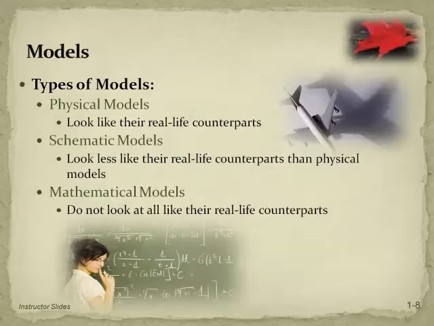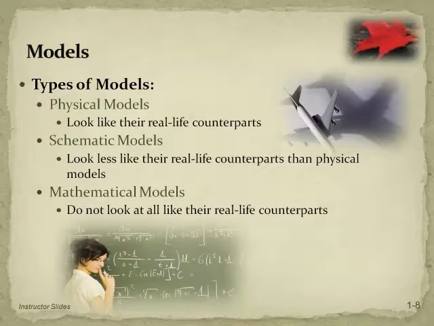So we have different types of models. We have the physical models, which we just talked about before. Other types of models that we could have, we refer to as a schematic model. So a schematic model, it looks less like the real life model. So some examples of a schematic model would be an electrical engineer will make a schematic diagram, a schematic model of an electrical circuit.